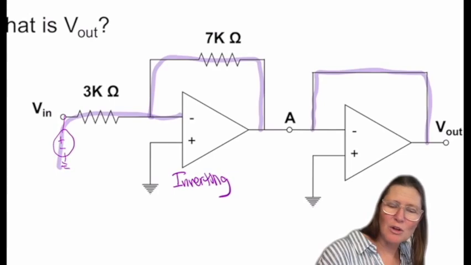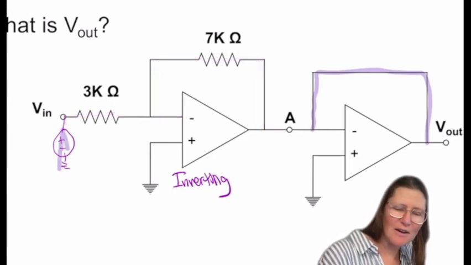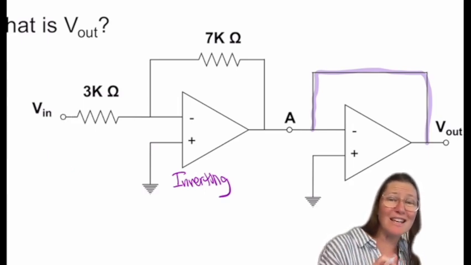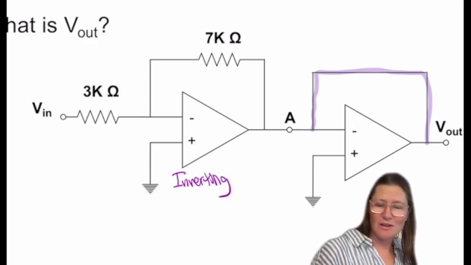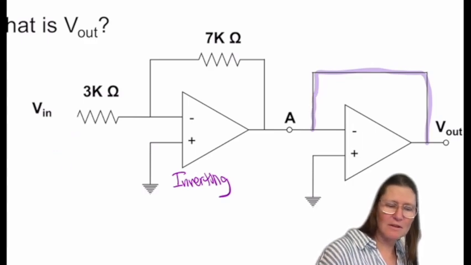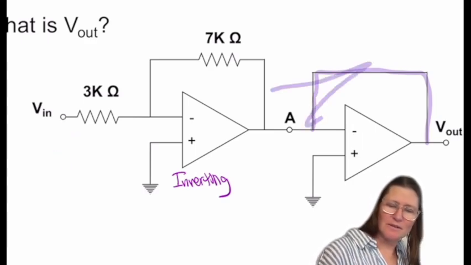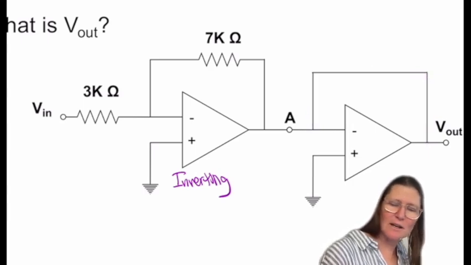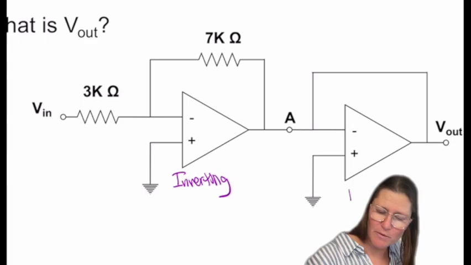I know that looked confusing because it kind of looks like an open, but because that's an actual source, it does have a pathway to ground, whereas this would be the buffer or voltage follower.